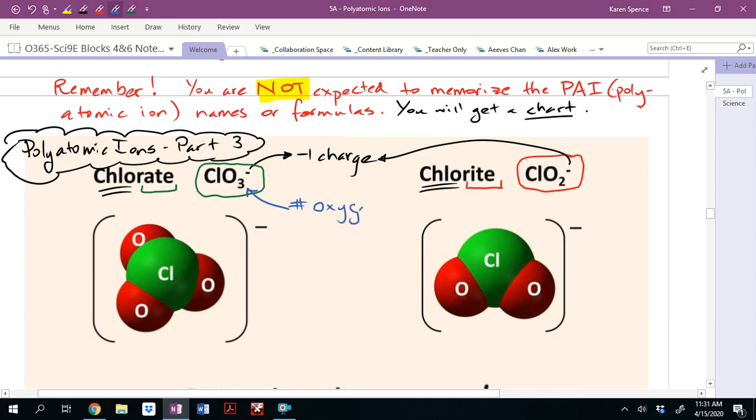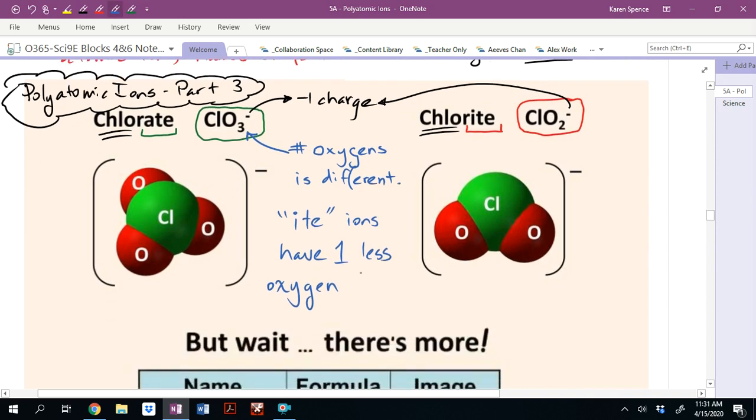The number of oxygens is different. And ite ions have one less oxygen than ate ions.